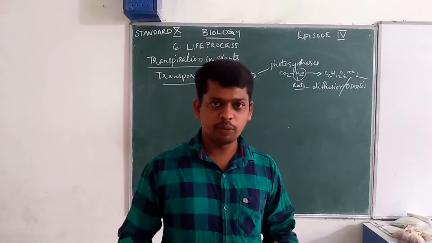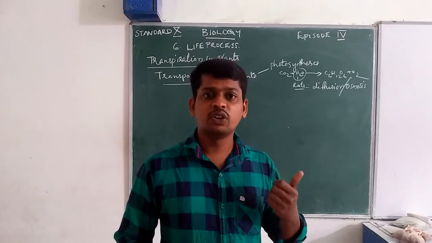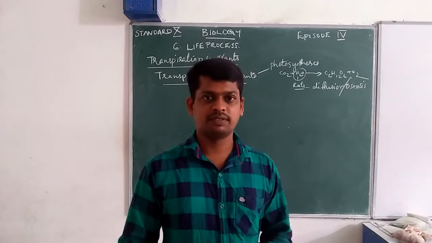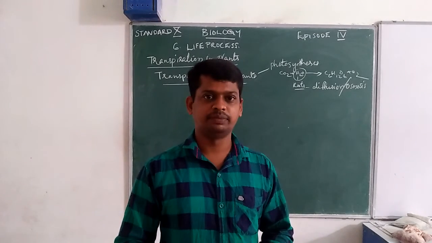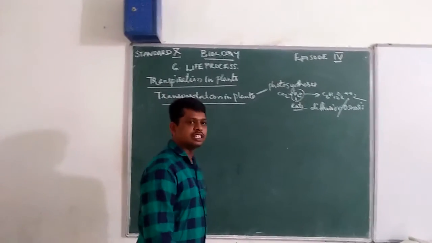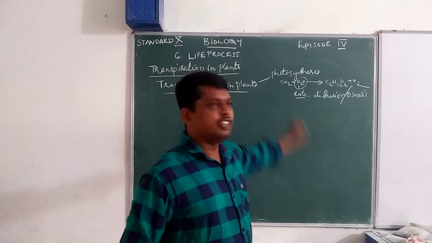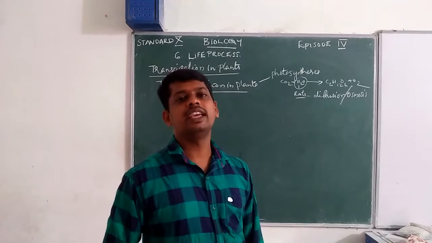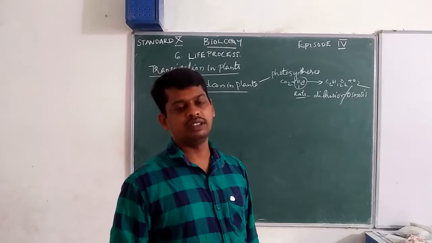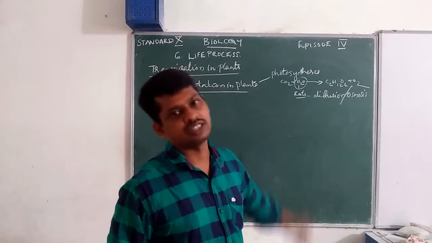Xylem, I will tell you about xylem. Yes, the water conducting vascular tissues. That is xylem. Okay? Yes. First, the water molecules are absorbed by the method of diffusion and osmosis.